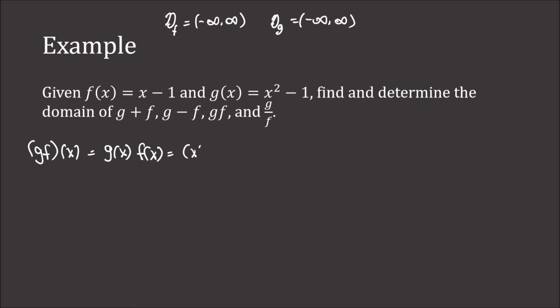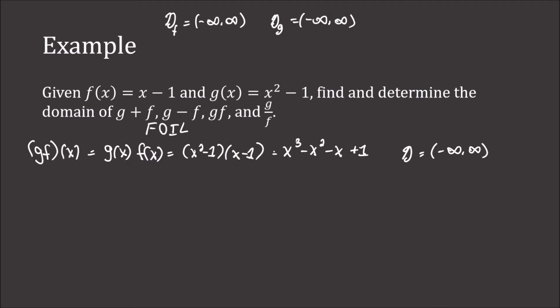So it's x squared minus 1 times x minus 1. And we learned how to do this in algebra. We do it using the FOIL technique. Remember that? So we're going to wind up with x cubed minus x squared minus x plus 1. And the domain is once again real numbers.